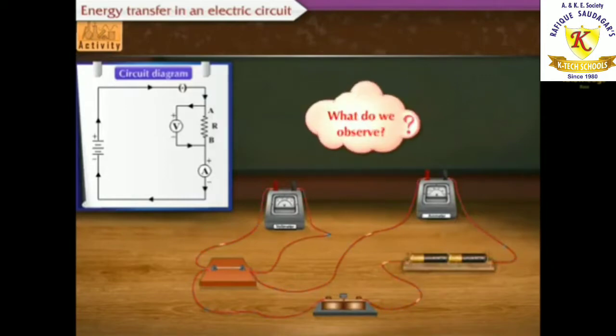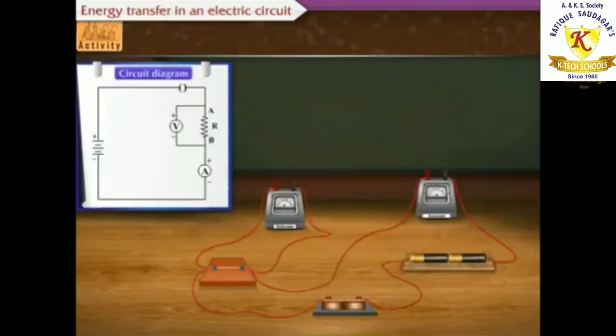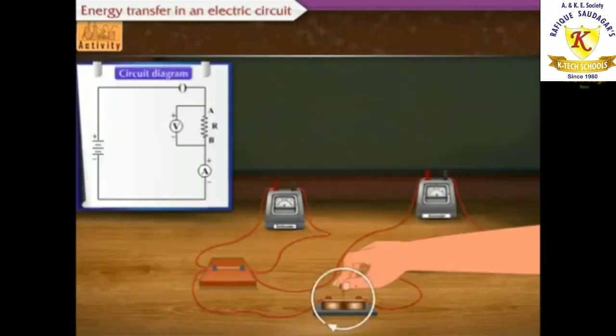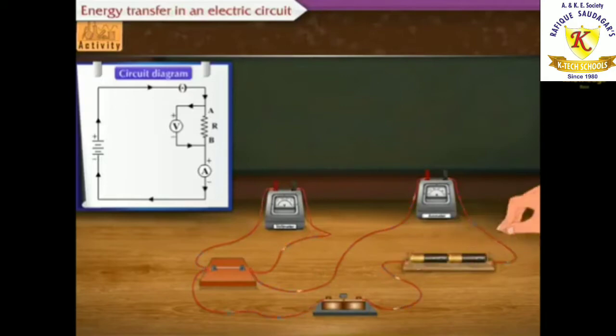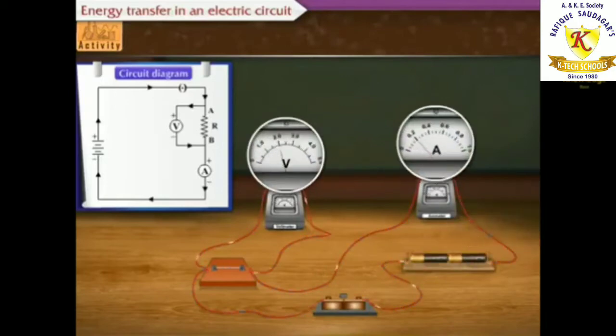What do we observe? As soon as we plug in the key, there is a deflection in the ammeter as well as in the voltmeter.